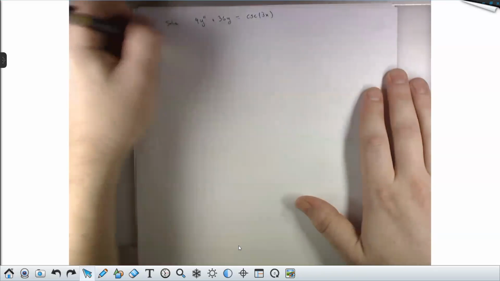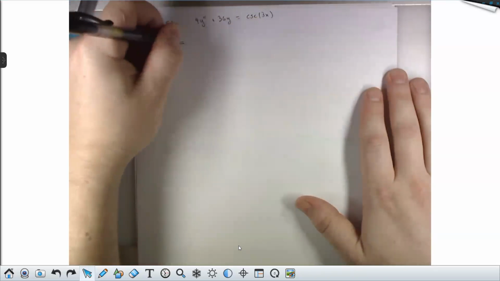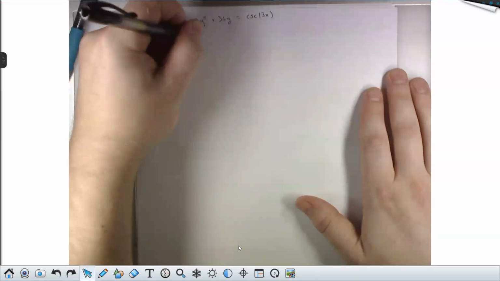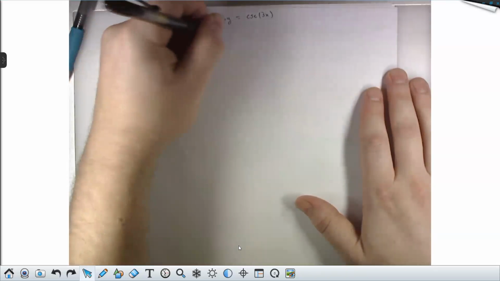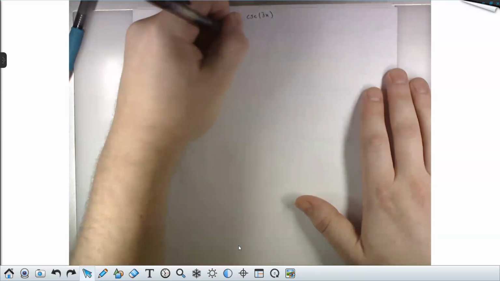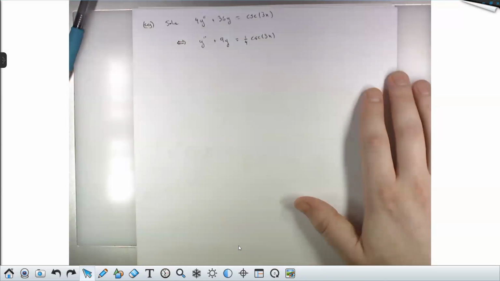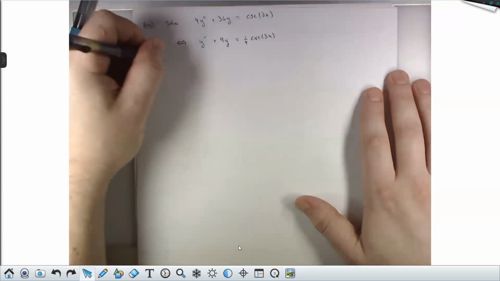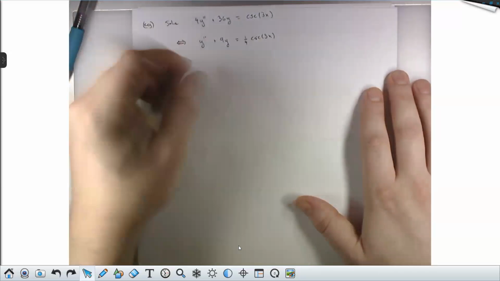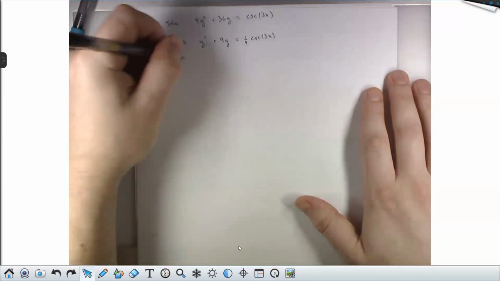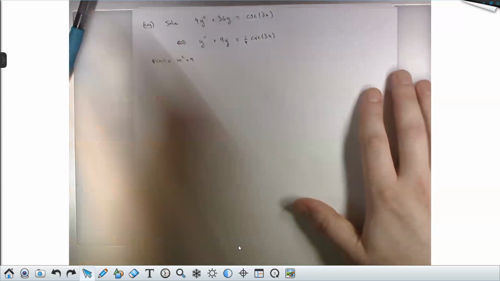First, put into standard form. y double prime plus 9y equals 1/4 cosecant 3x. And then look at your polynomial, P of m, to get the complementary solutions.